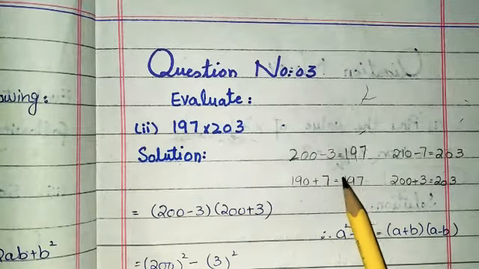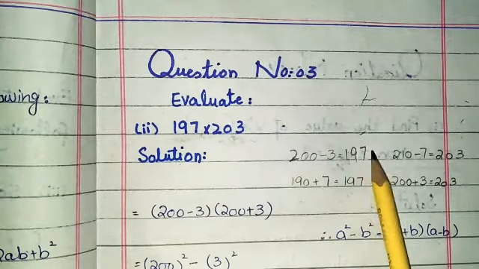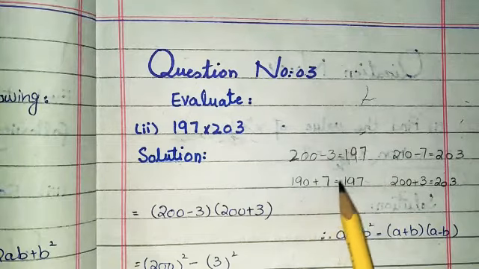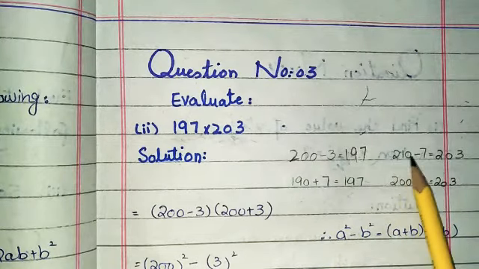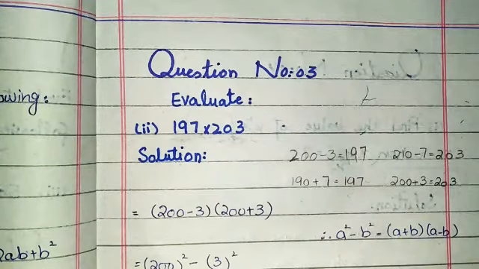Here are two possibilities given to you: when we subtract 3 from 200 we get 197, and when we add 190 plus 7 we get 197. Same as when we subtract 7 from 210 we get 203, and when we add 3 to 200 we get 203. As I told you, we have to use the same number for addition and the same number for subtraction.